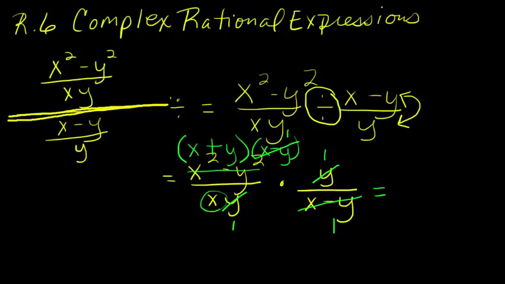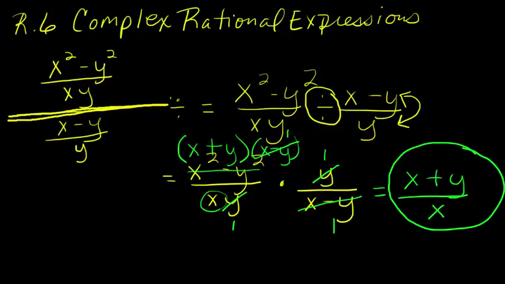So we will take x plus y times 1, which gives us x plus y. In the denominator, we would take x times 1, which would give us an x. So we come up with a simplified complex rational expression that would be x plus y over x.